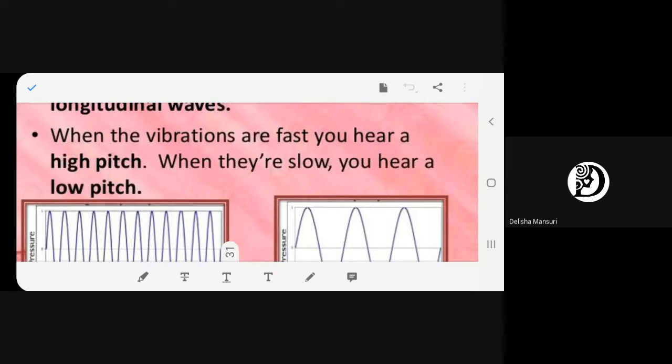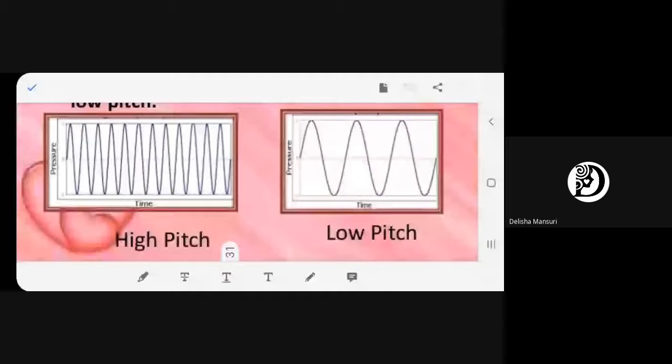Have you ever observed this sort of advertisement, Peter? That is high pitched sound. Even the jets, the aeroplanes, if they pass by very nearby to the houses, the window panes crack because of the high pitched note. Do you understand?